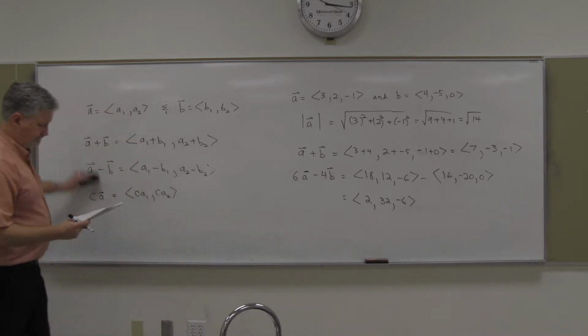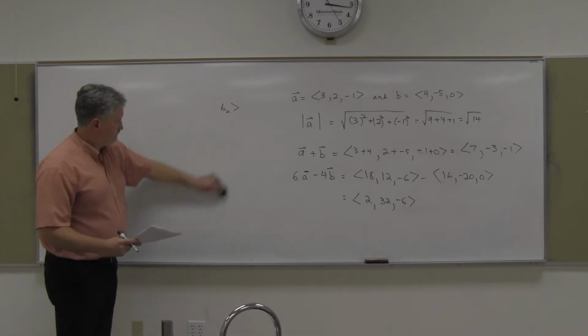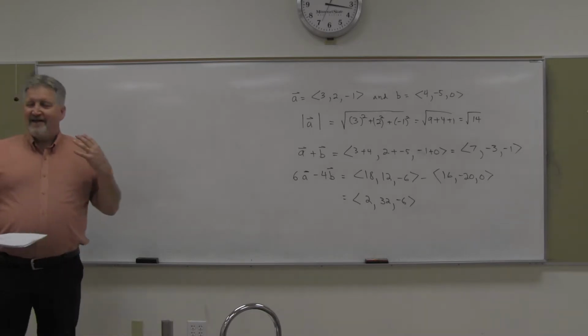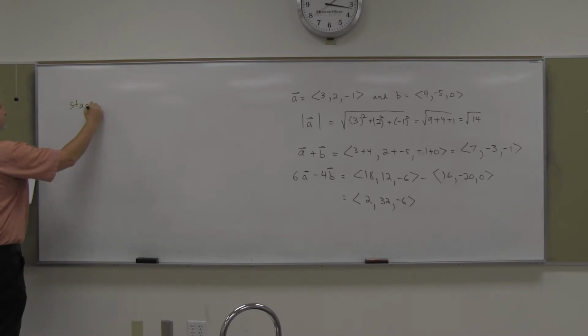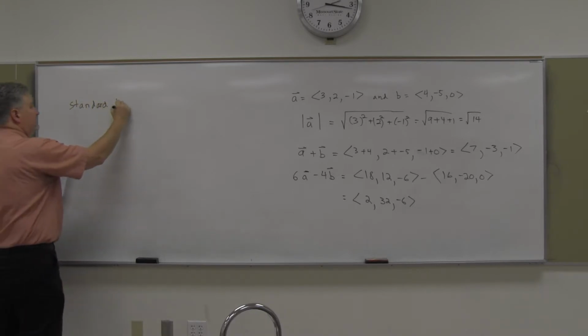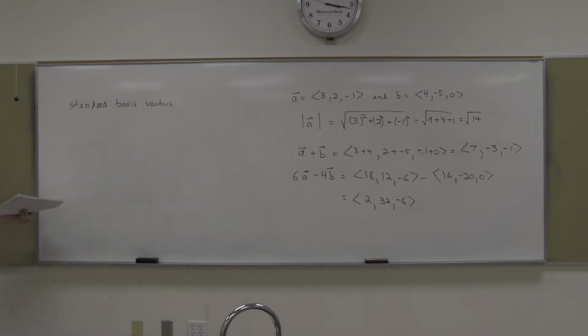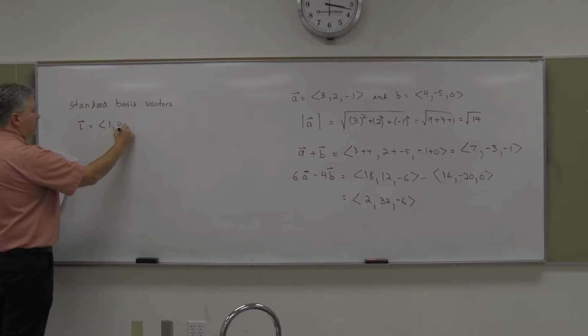Another way to represent vectors is to use what are called standard basis vectors. In 3 dimensions, there are 3 standard basis vectors. You've got the I vector, which is just the vector 1, 0, 0.